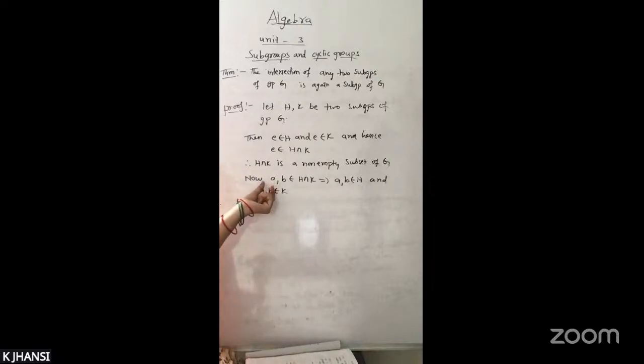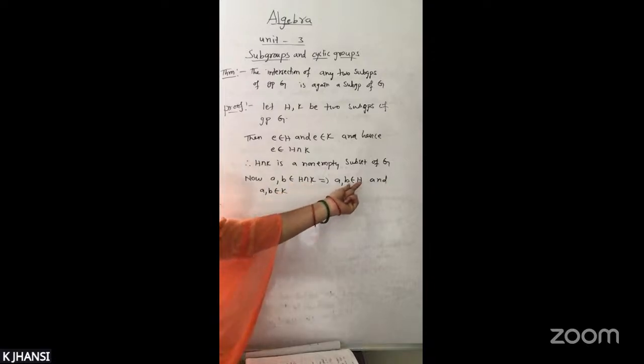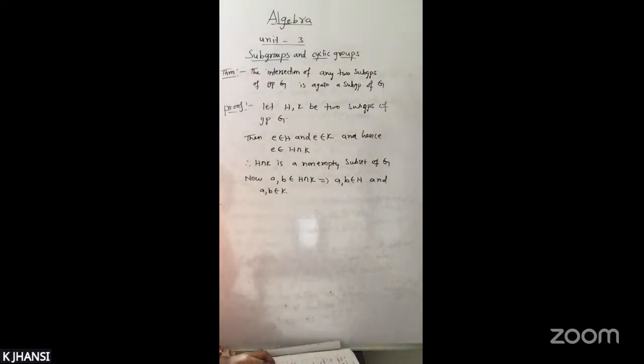So whenever a, b are in the intersection, they are present in each set itself also.